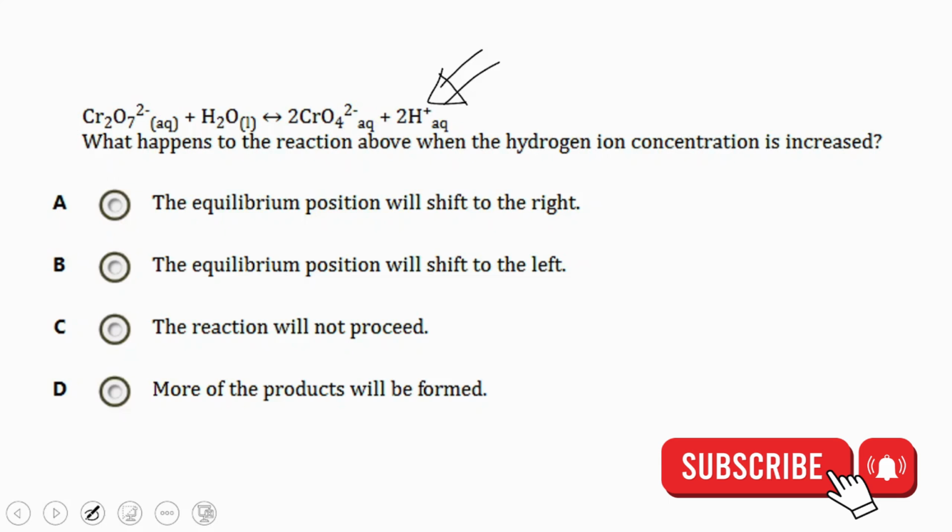The equilibrium will favor a reaction that consumes the increased concentration of the hydrogen ion by favoring the backward reaction, because the backward reaction will consume the increased amount of hydrogen ion in the system. So equilibrium position will shift to the left, and this is your answer right here.